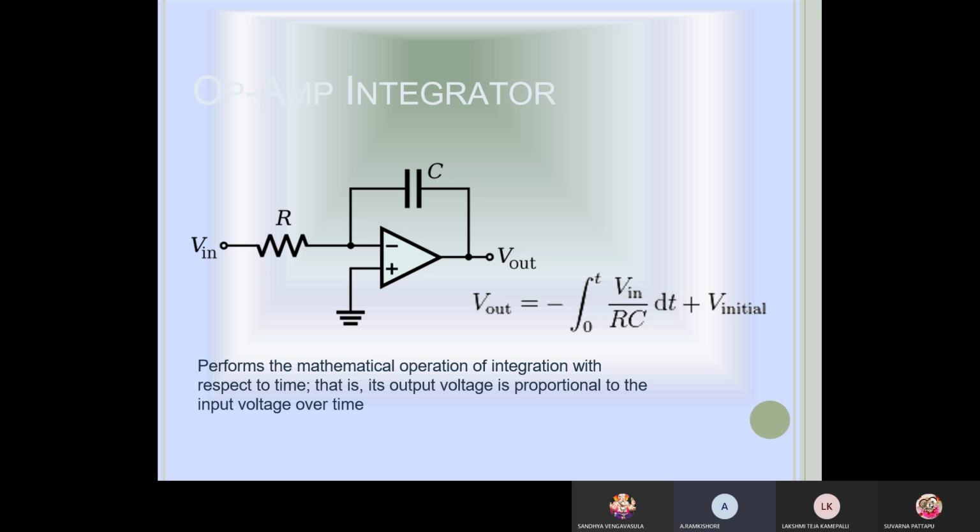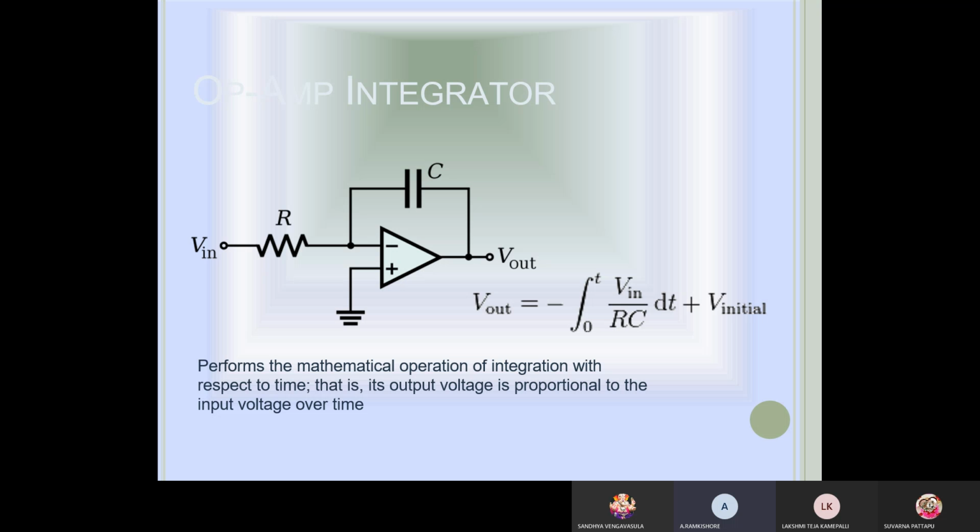These are all applications of the op amp. We can use the op amp in so many applications because it is a high gain direct coupled amplifier. So this is about the basics of the integrated circuit.